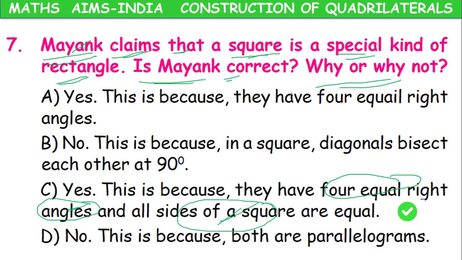For a rectangle, only opposite sides need to be equal. But in a square, all sides being equal means indirectly opposite sides are equal. So it has all the properties of a rectangle. So it's a special kind of rectangle. So option C is correct.